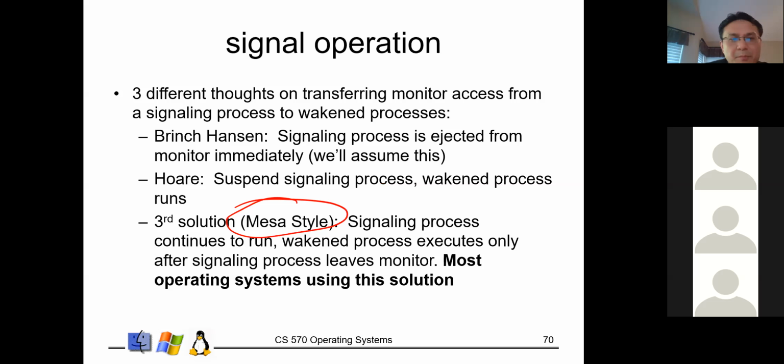Essentially both Hansen and Hoare propose to have the signaling process or thread give up the lock of the monitor to the awakened process or thread immediately. So the awakened process or thread can take over the lock and execute its blocked execution right away.